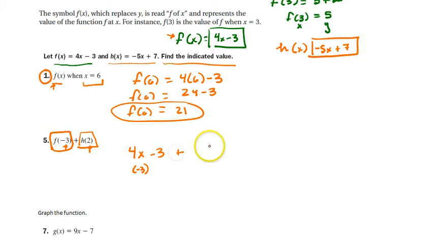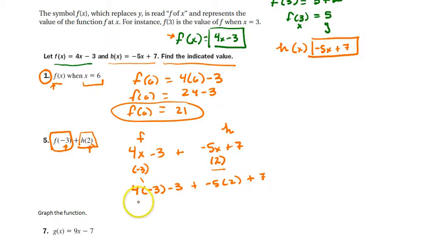And I'm going to add that to negative 5x plus 7, and instead of x, I'm going to put a 2 here, because this represents the h function, and this represents the f function. So I used a 2 for h, and a negative 3 for the f function. I'm going to solve these and add them together. So that means I'm going to take 4 times negative 3 minus 3 plus negative 5 times 2 plus 7.